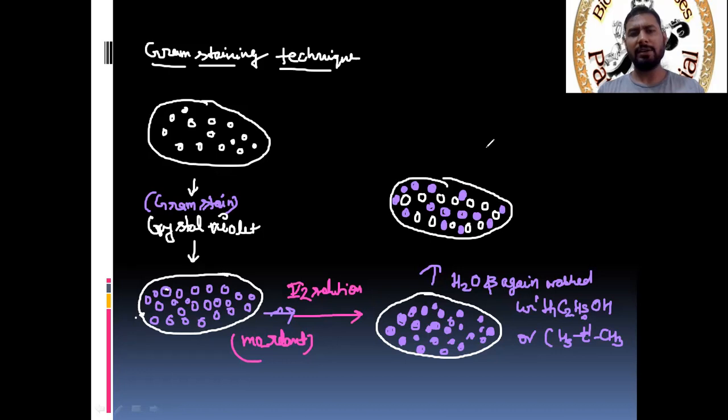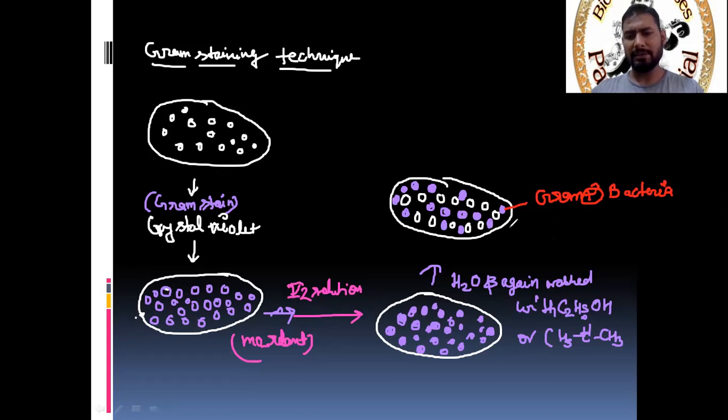In this way we got the result, and now it is clarified. Those bacteria which have the purple color are called gram positive bacteria.